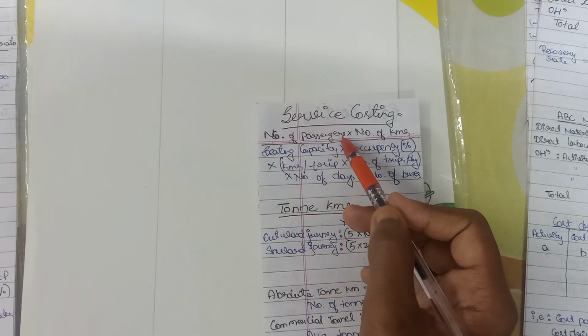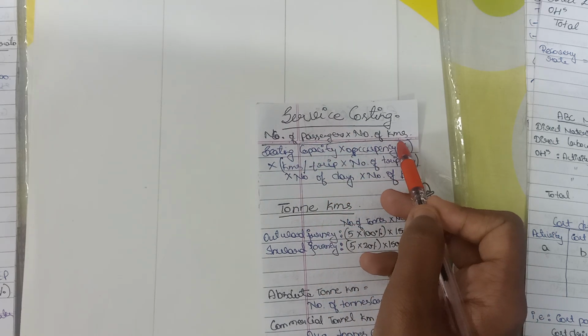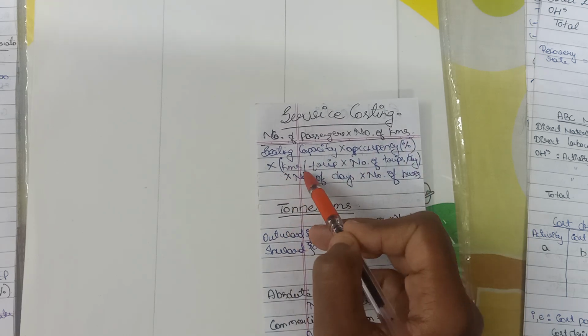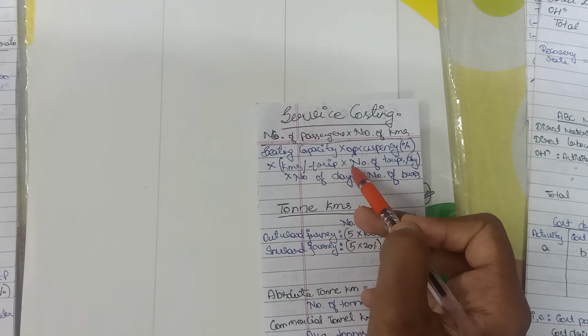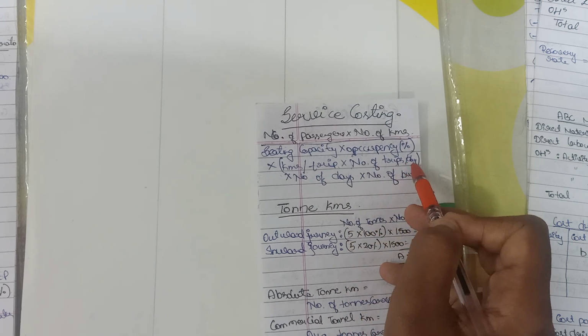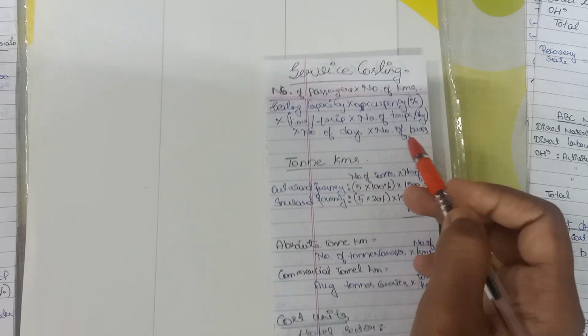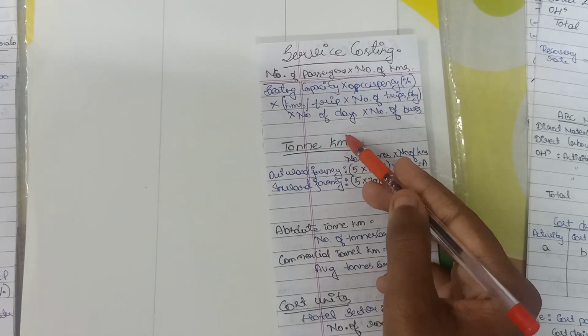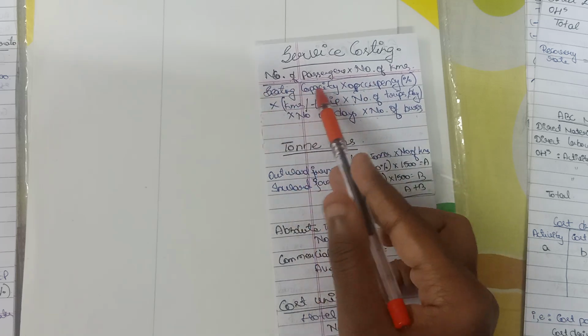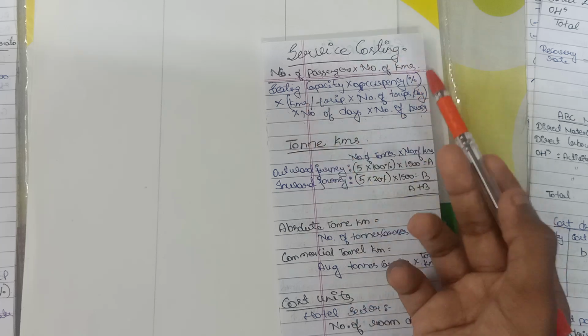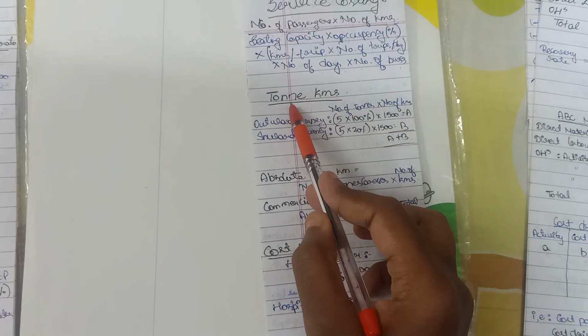In fact, number of passengers into number of kilometers, seating capacity into occupancy percentage into kilometers or trips, into number of trips per day, into number of days, into number of buses. This is the format. While reading the question, this will be so easy. No need to mug up this formula. While reading it, you can just write it using our common sense.